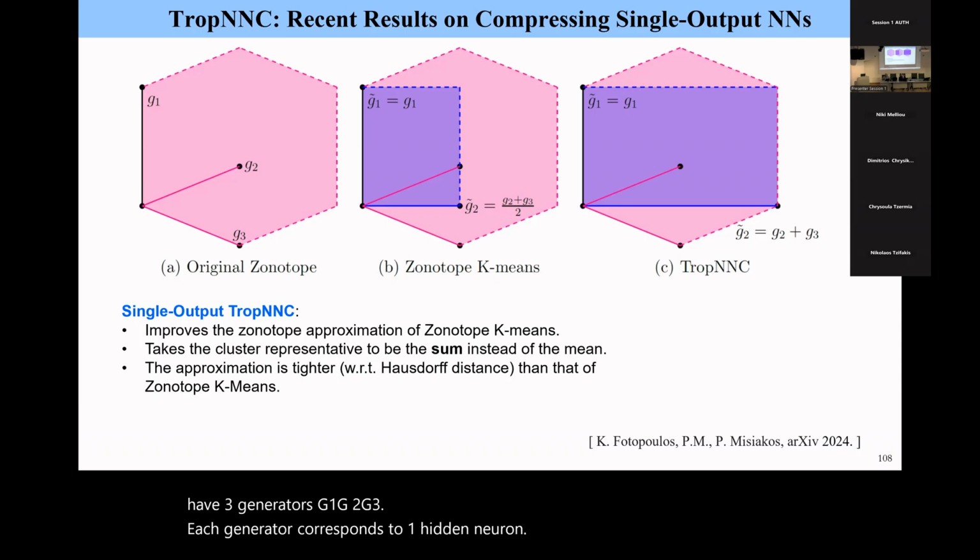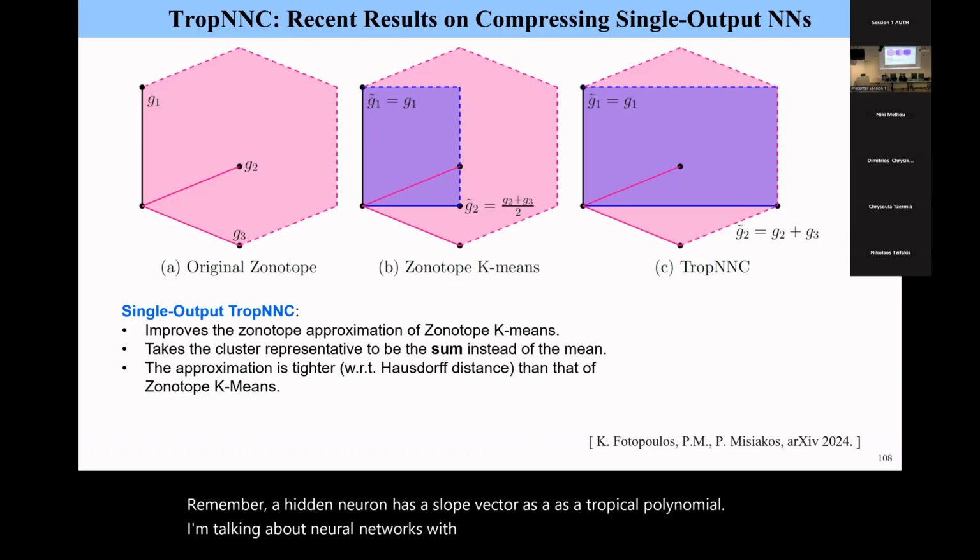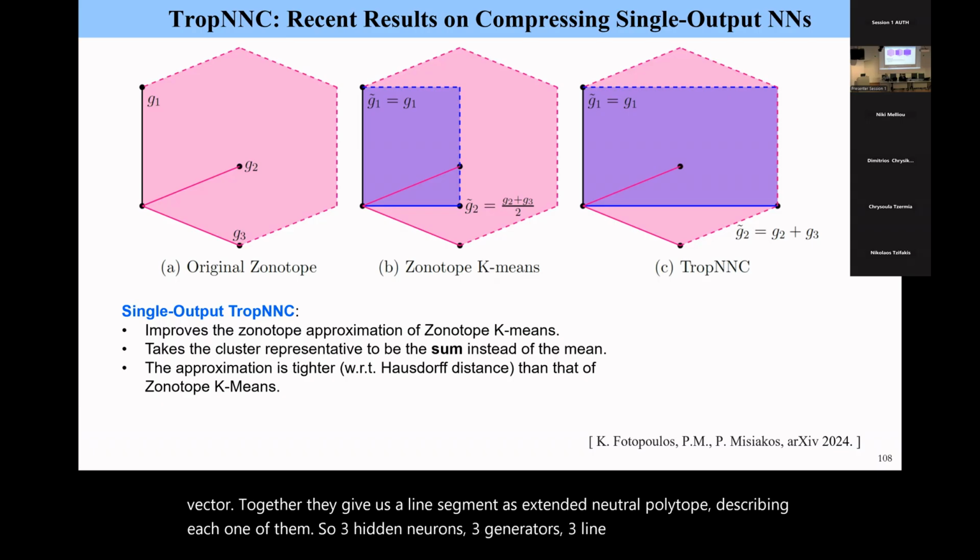Remember, a hidden neuron has a slope vector as a tropical polynomial. I'm talking about neural networks with ReLU activations. It has a slope vector and a bias vector. Together, they give us a line segment as extended Newton polytope describing each one of them. So 3 hidden neurons, 3 generators, 3 line segments.